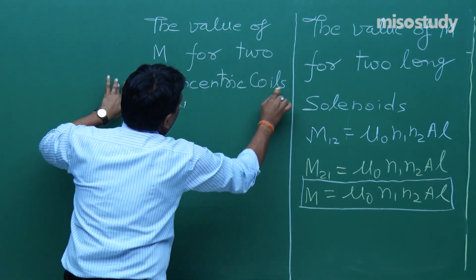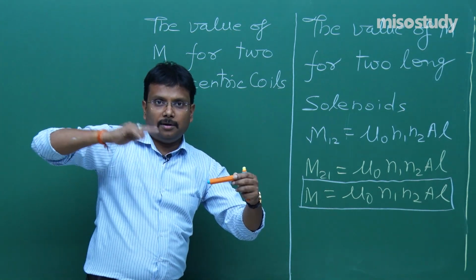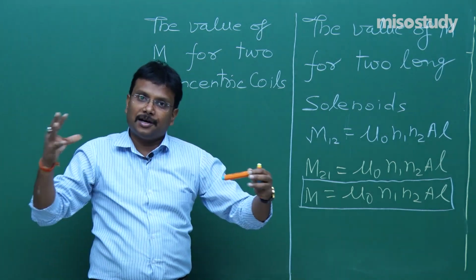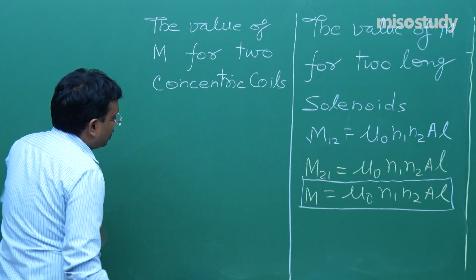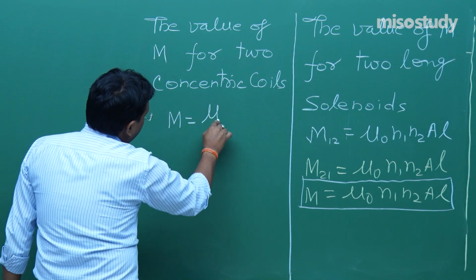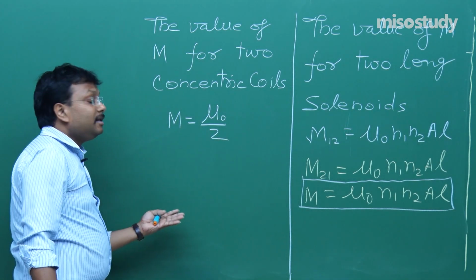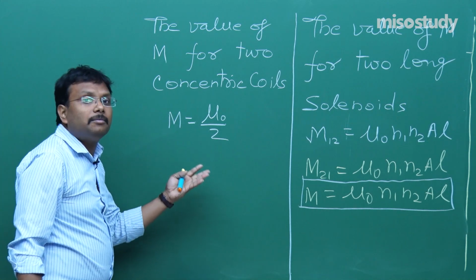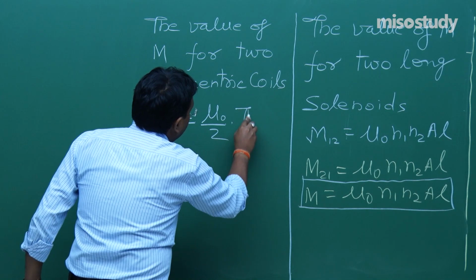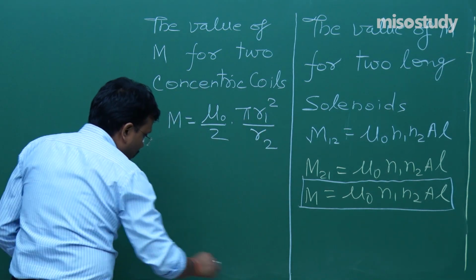Okay, two coils are concentric. Let us say one coil has radius r1, above that bigger one r2, axes are same for both. So, it is going to be M is equal to mu naught by 2, in some questions directly they may ask, that is why I am mentioning this, mu naught by 2 into pi r1 square upon r2.